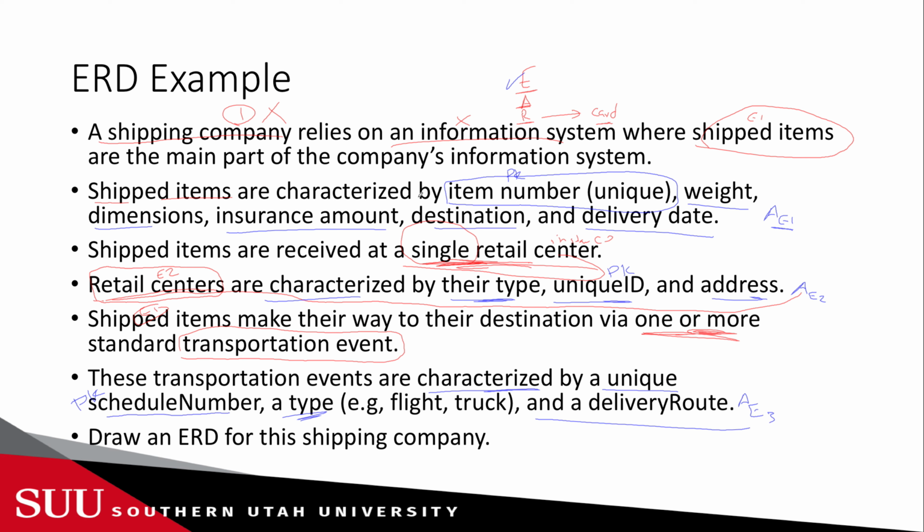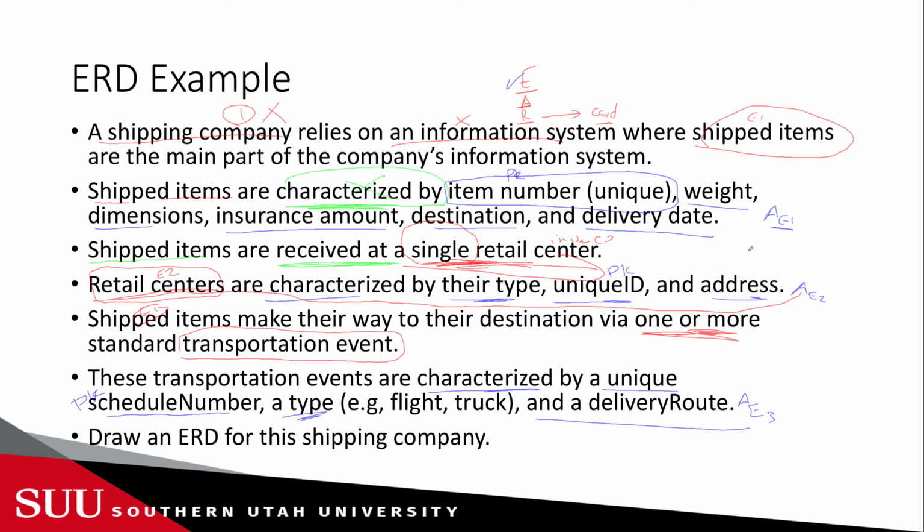Shipped items are characterized by. Although it may be read as something very close to a relationship, this is telling me what the attributes are, so this is not a relationship.